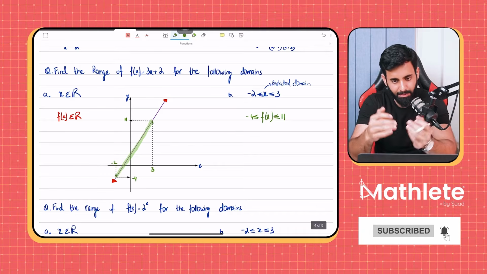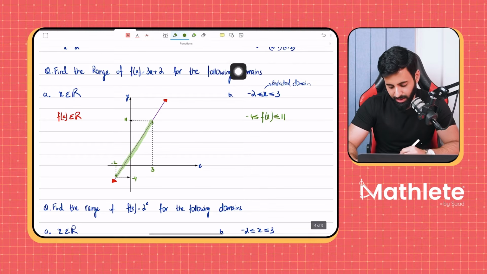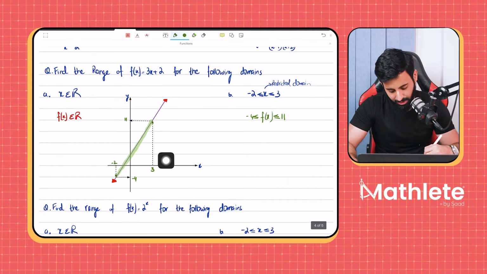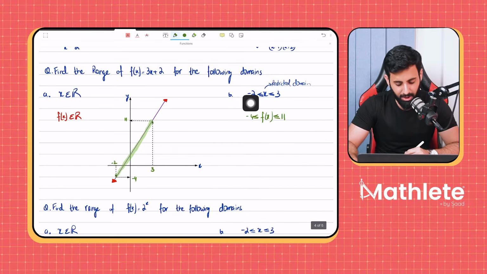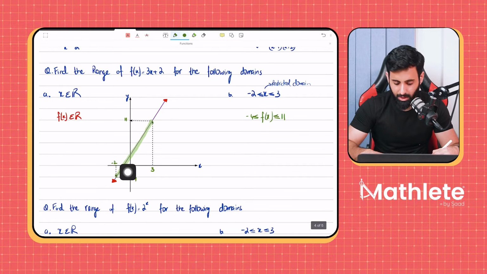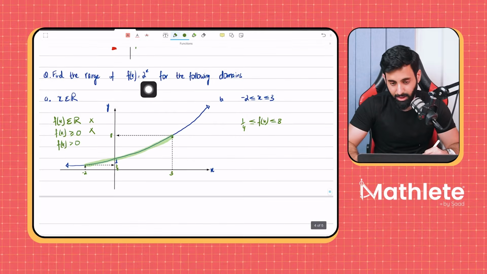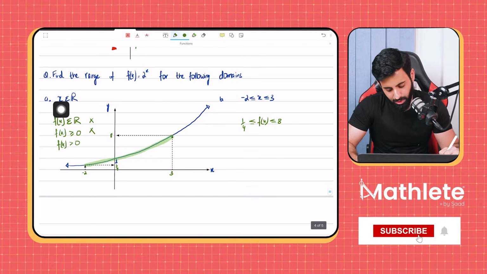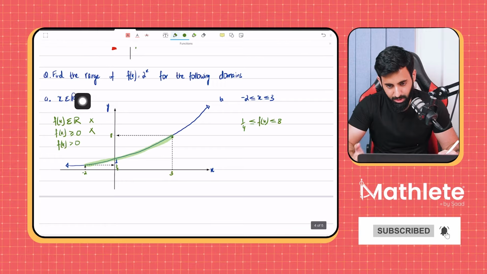We found the restricted range by plugging in the endpoints. We plugged in 3, we got 11. We plugged in minus 2, we got minus 4. So our range is from minus 4 to 11. We did another example of an exponential function where in one part the domain was all real values.